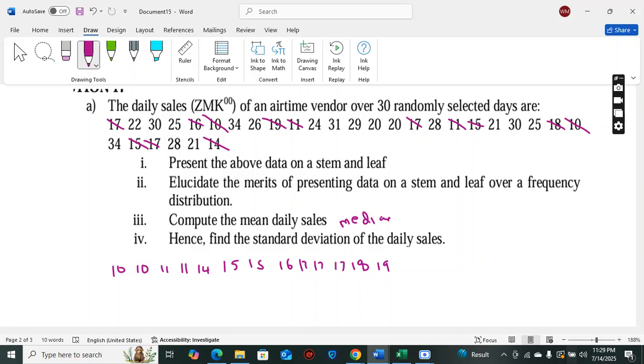Okay, 19. I see two 20s. Okay, 21. Here it is. Okay, there's another 21. 24.